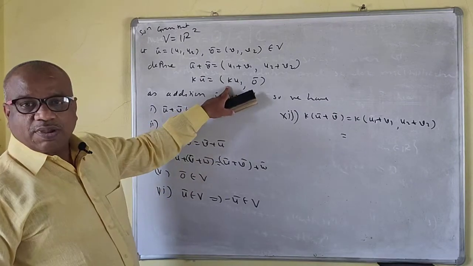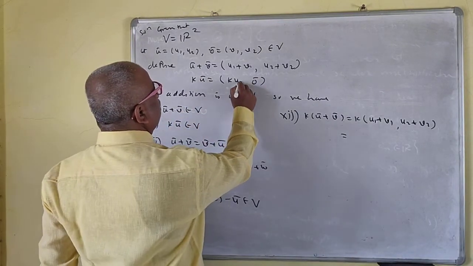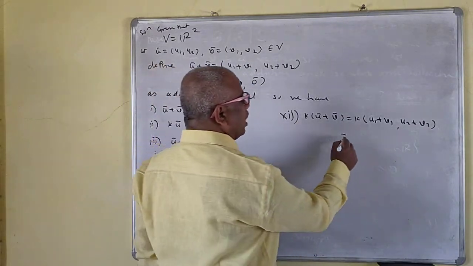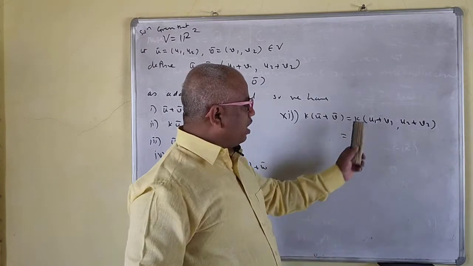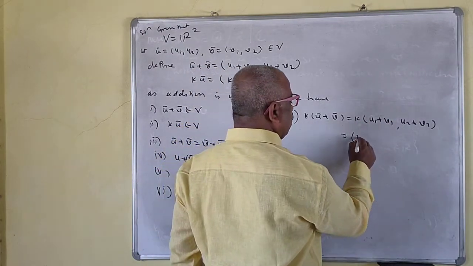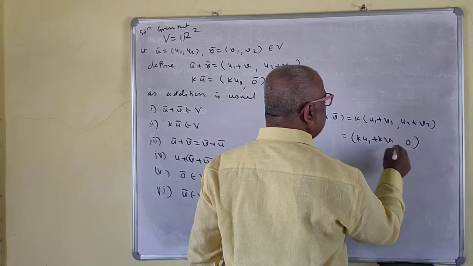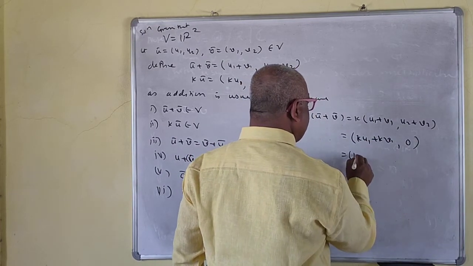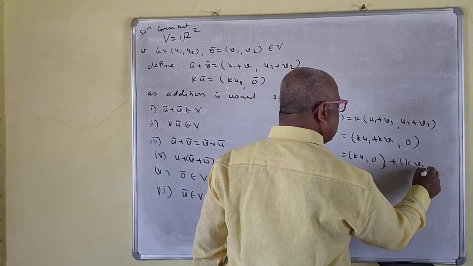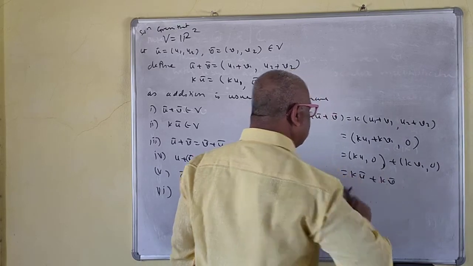We only multiply the first component, and the second component will be 0. k is a real number, and u1, v1 are real numbers, so we directly multiply: k u1 plus k v1, and 0. So this is (k u1, 0) plus (k v1, 0), which is k u bar plus k v bar. This holds.